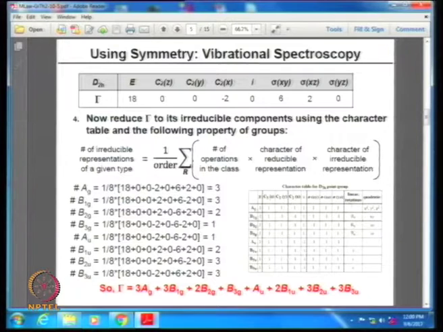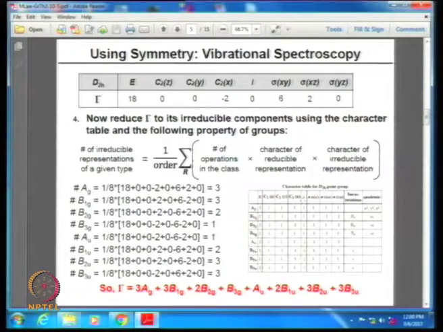Let us see all the classes in it. If you look at the top row, which lists all the classes, there is the class of the identity, then the class of C2Z, Z-axis rotation, Y-axis rotation, and X-axis rotation. Each one has different effects because there are two nitrogens lying along one axis. So if you do X-axis rotation versus Y-axis rotation, you get different classes. They are not an equivalence class.